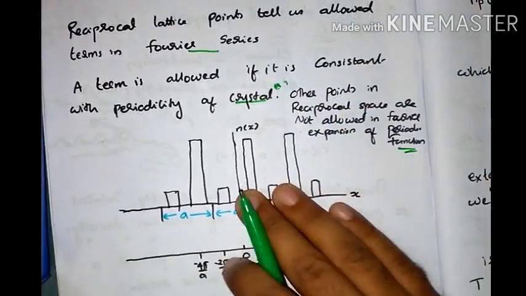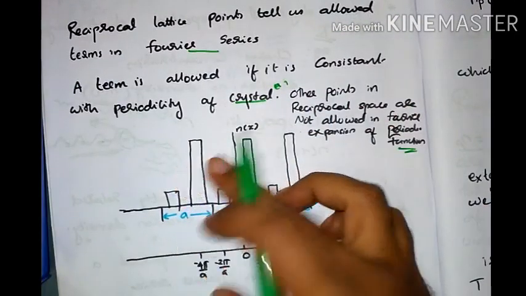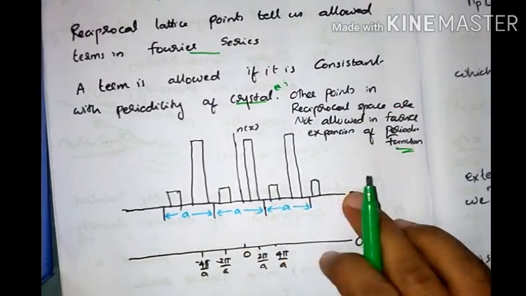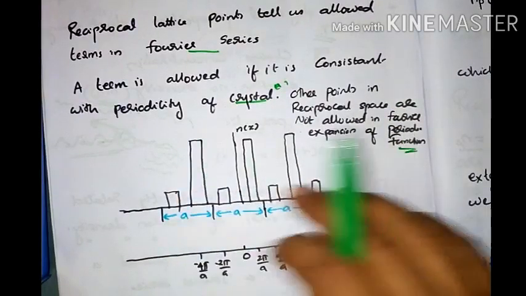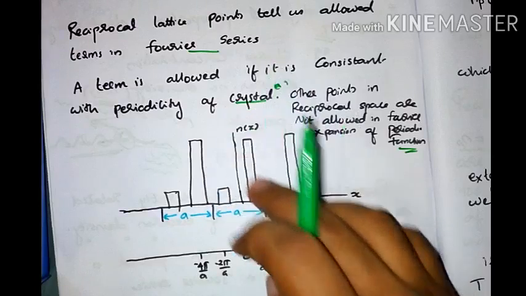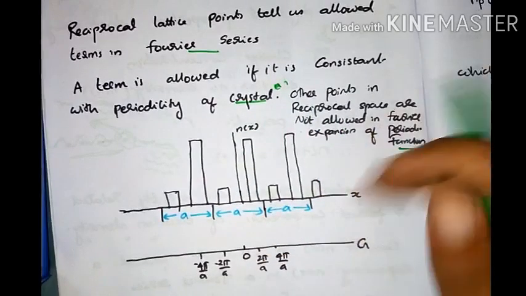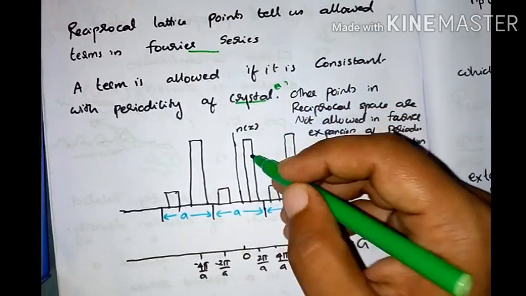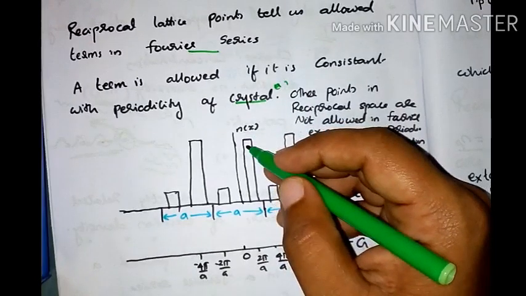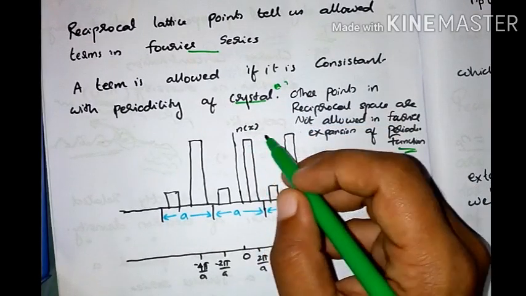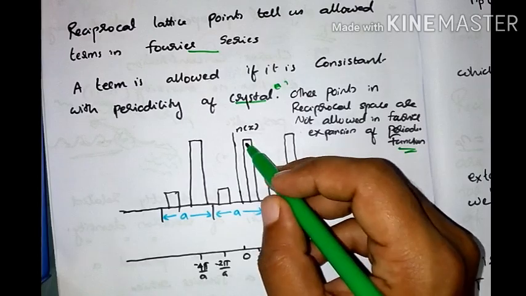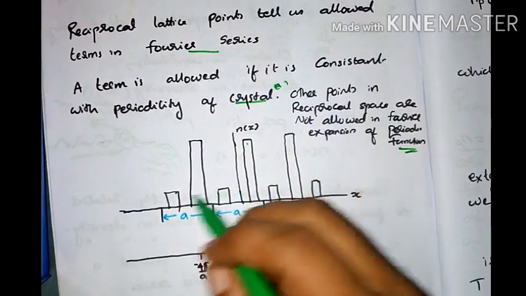So this is the electron density versus the one-dimensional lattice x plot. We can see the periodic nature of this electron number density, high, low, high, low.